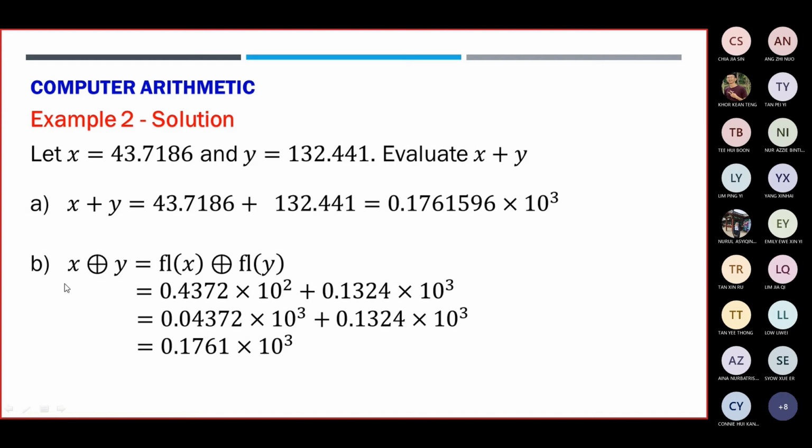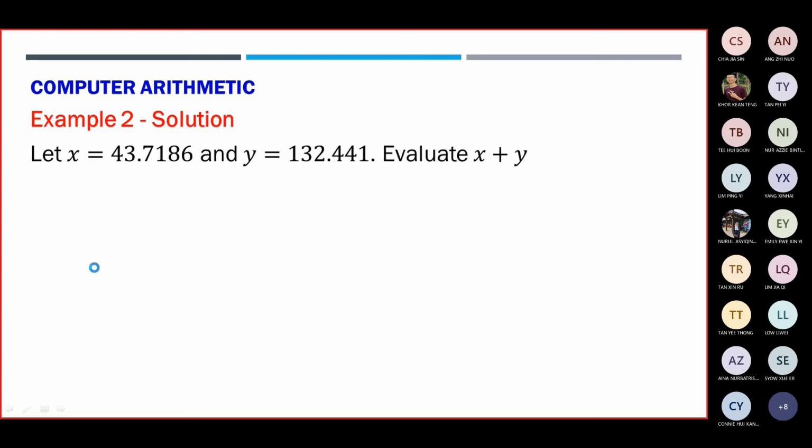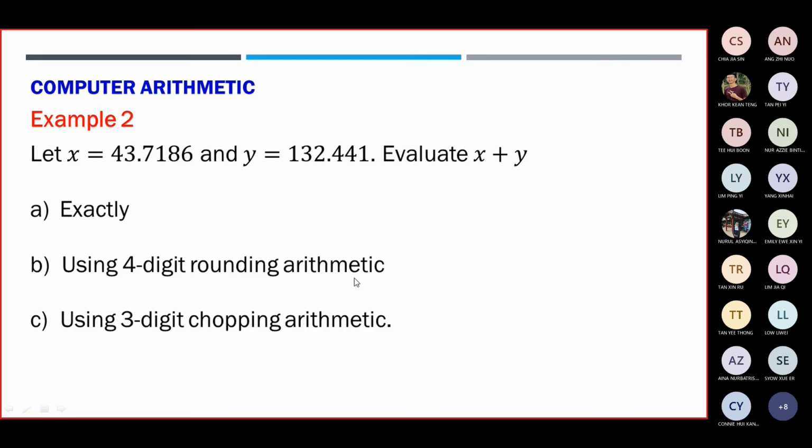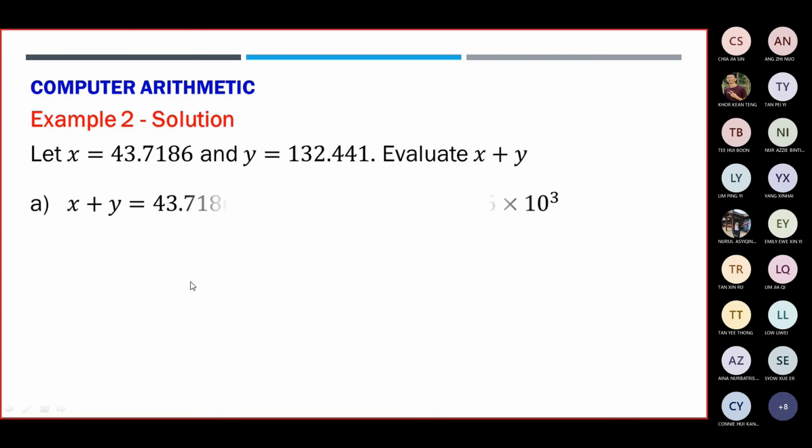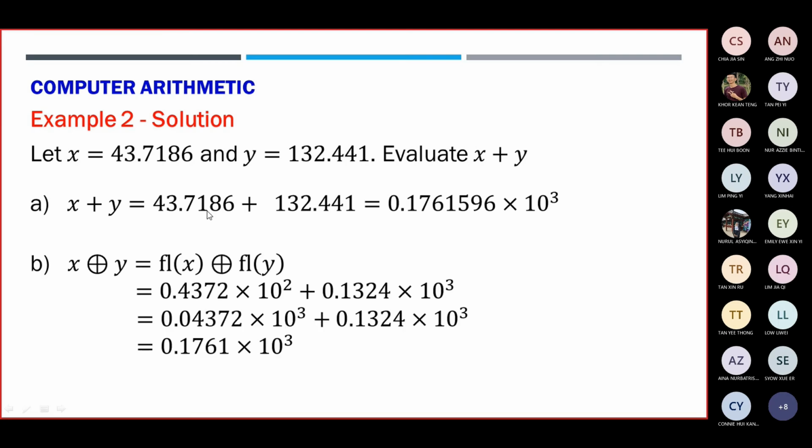It's not the exact value, but using 4-digit rounding arithmetic. 4-digit rounding arithmetic means first you need to convert the x value into NDFP form, and as well the y value into NDFP form, and then round off to 4 digits.